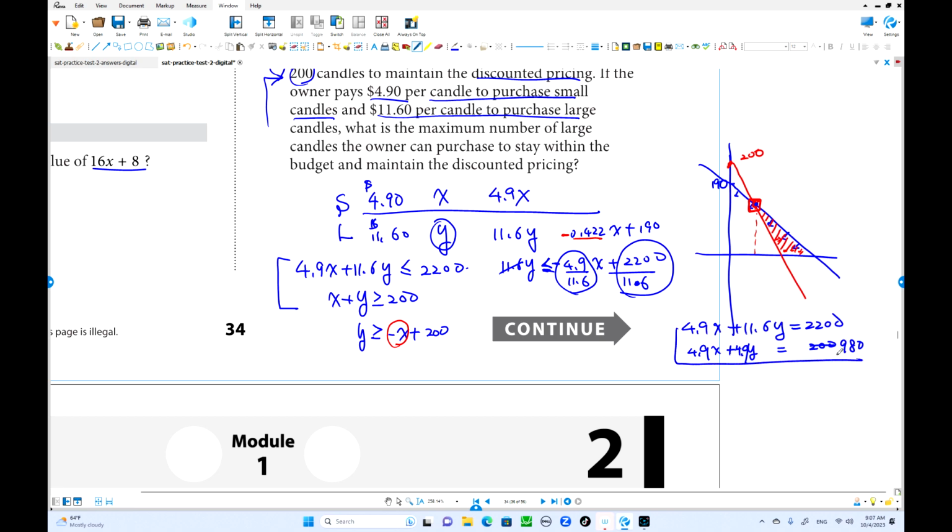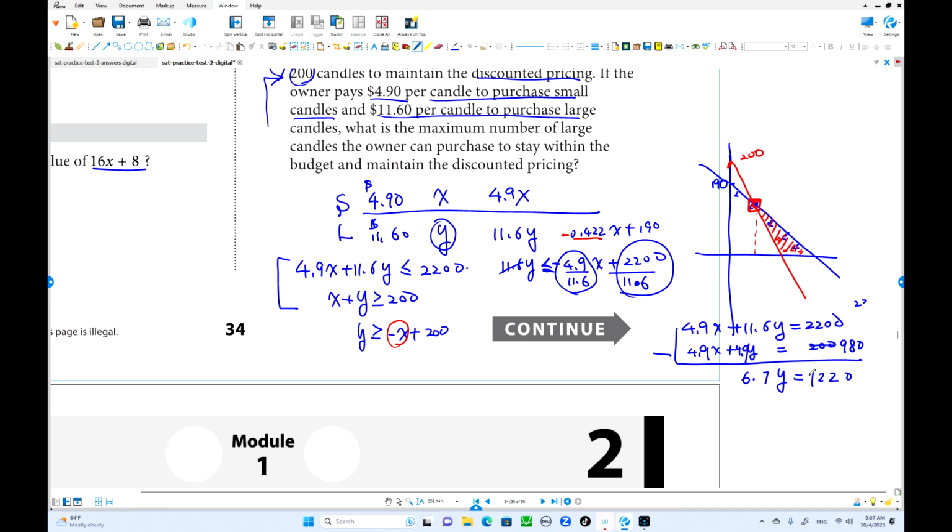Okay, when you subtract, you get 11.6 minus 4.9, which is 6.7, right? 6.7y equals 2200 minus 980, how much? 1220, right?